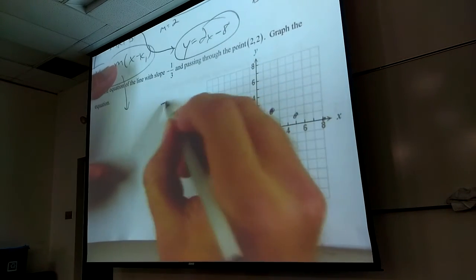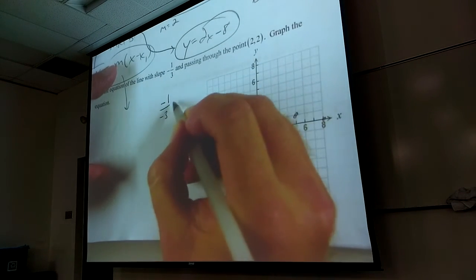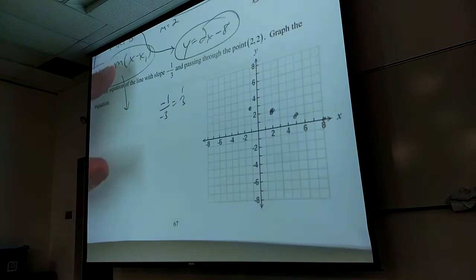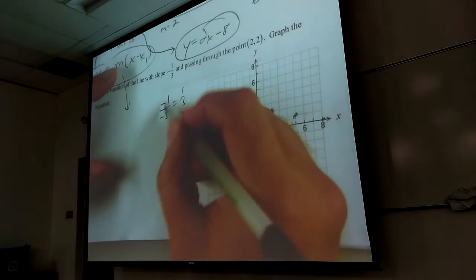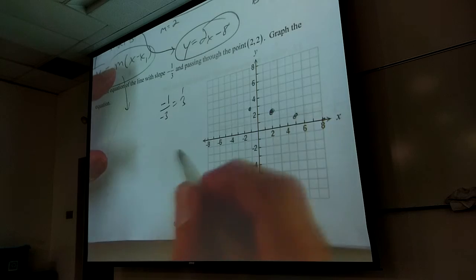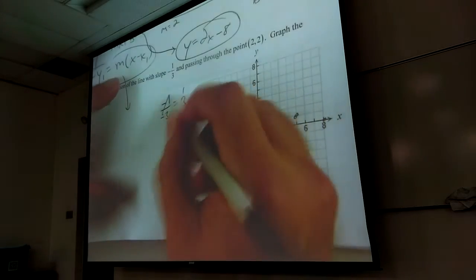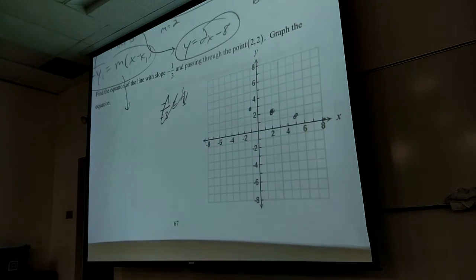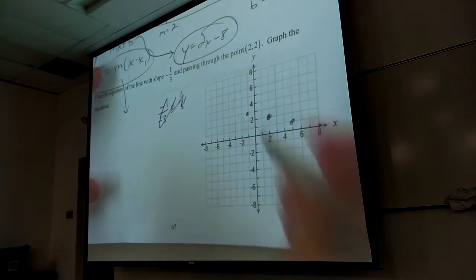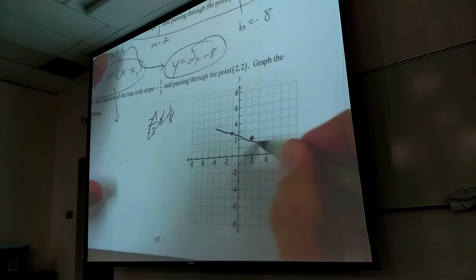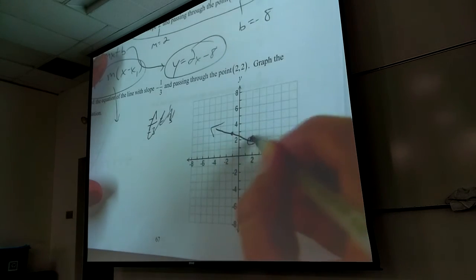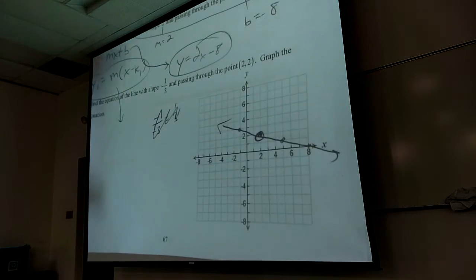If it was down 1, back 3, then the number should have been positive 1/3. You can't have a negative on top and bottom and have the number come out negative. If you go in the negative direction both times, it should be a positive slope. And it's not. So this makes sense. It's going down, thankfully. If you miss a point, just make it big.